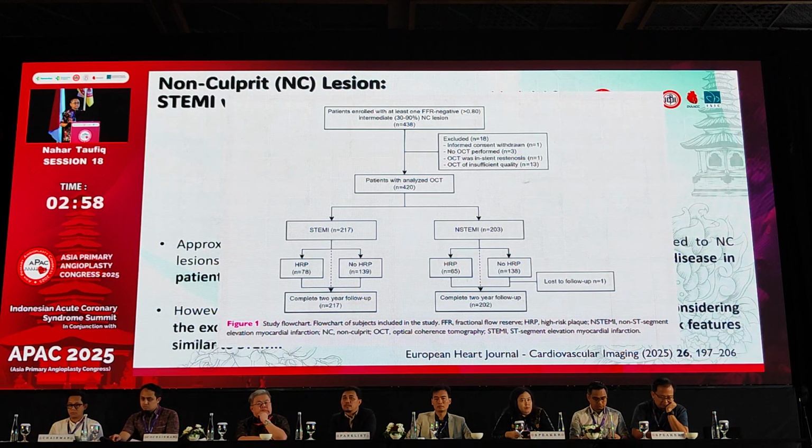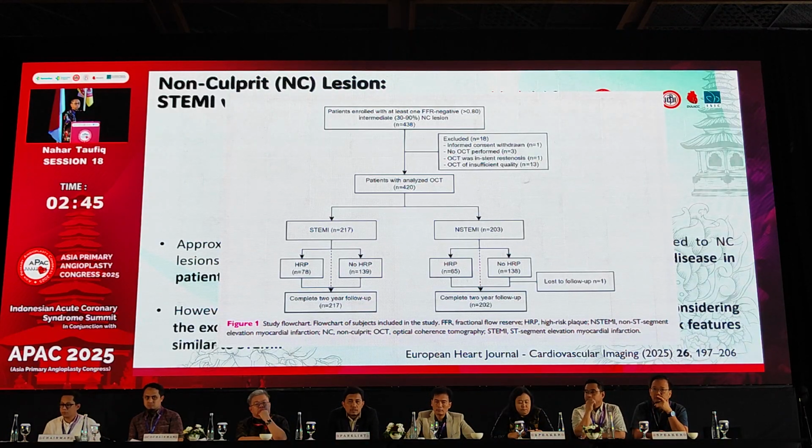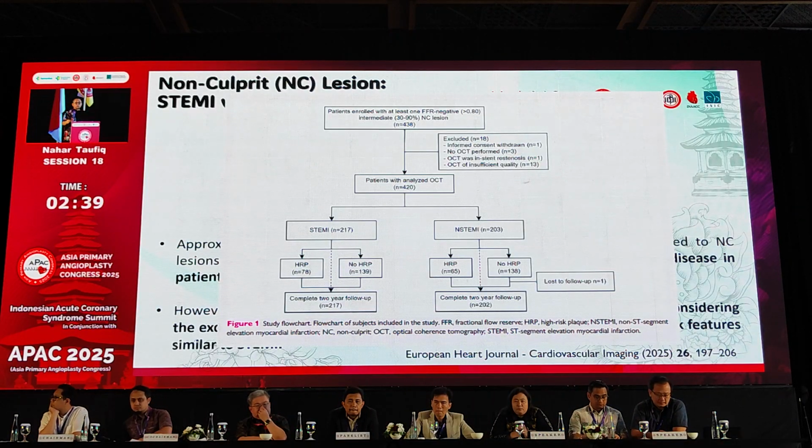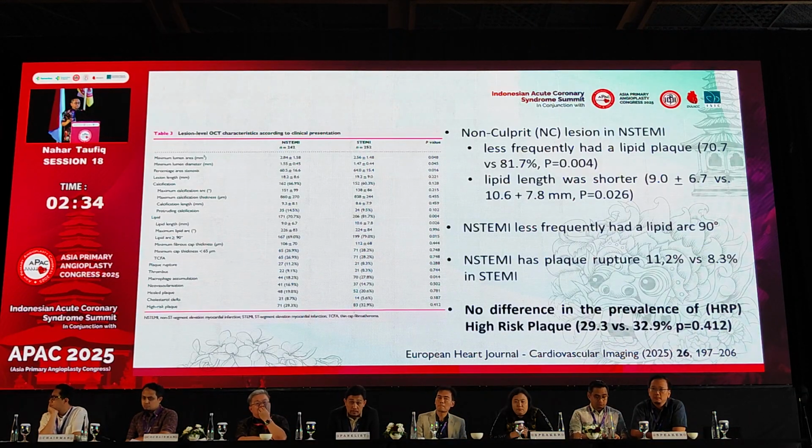This is an interesting study because the non-culprit lesions in STEMI and non-STEMI were evaluated with FFR. If the FFR is normal, more than 0.8, they then identify whether it is a high-risk plaque or not. How about non-STEMI?